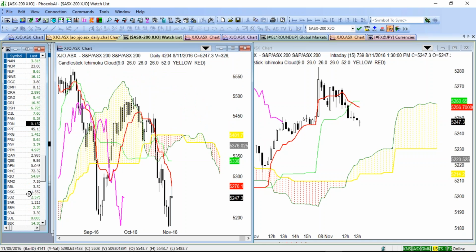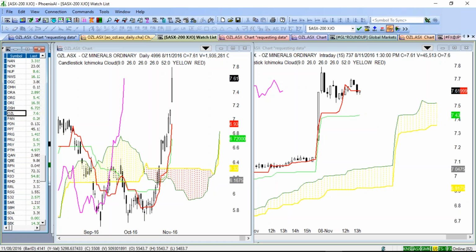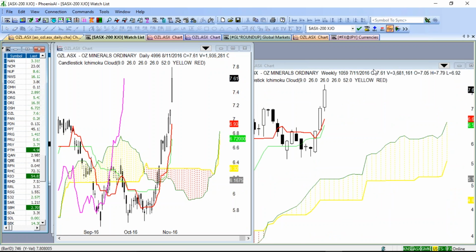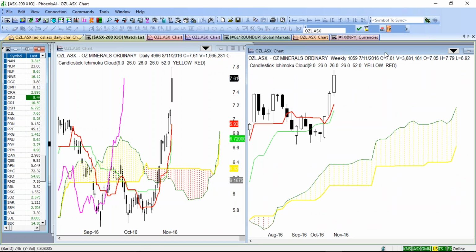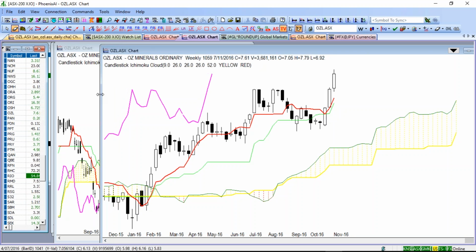One of them is OZL. I don't know whether you've noticed that OZL has really moved along. I might just get the intraday charts off here so we can see that a little better. We take a look at the weekly chart of OZL here.